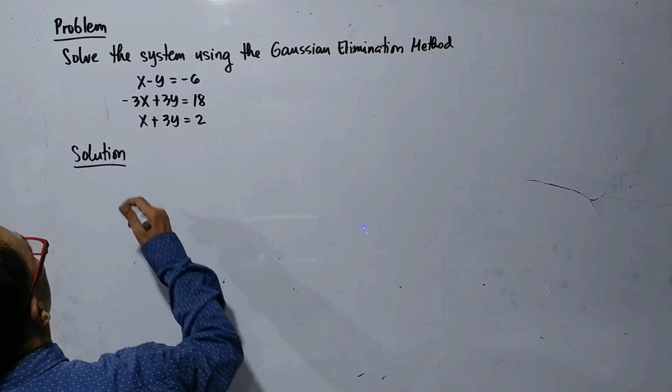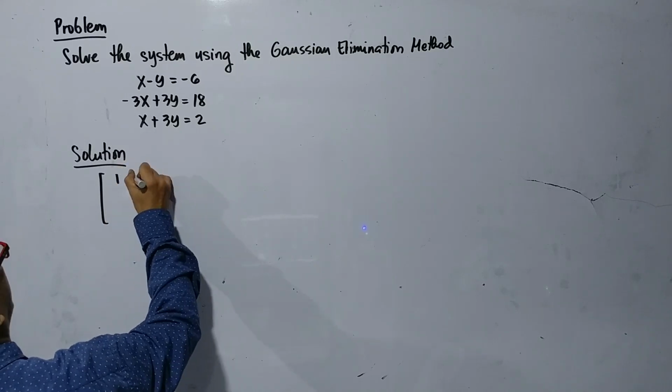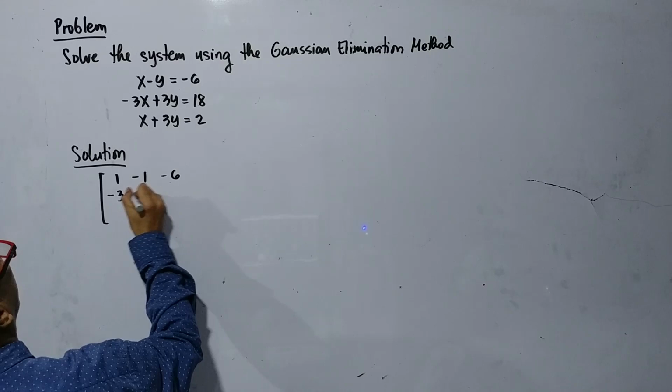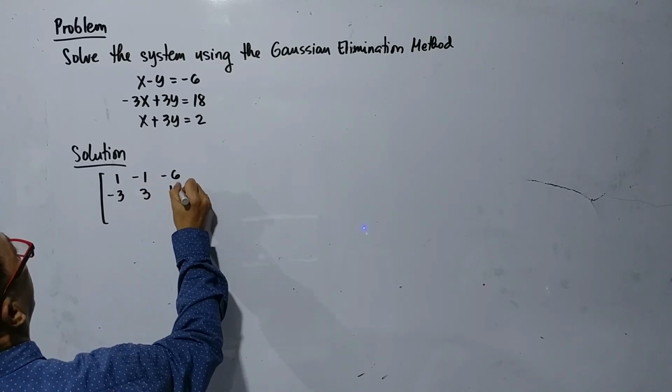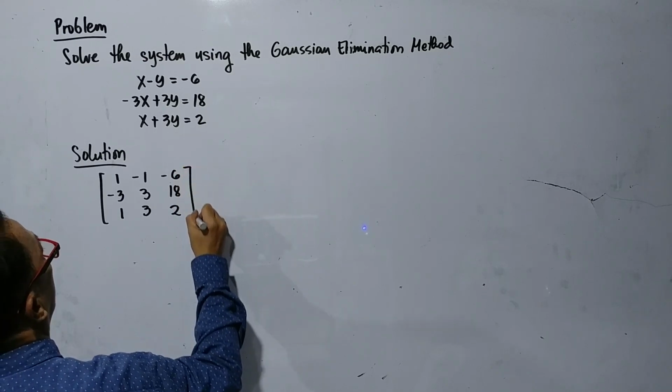So we have converted to matrix: 1, negative 1, negative 6; negative 3, 3, 18; 1, 3, 2.